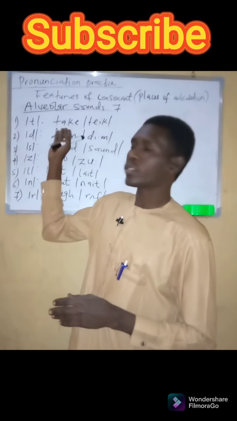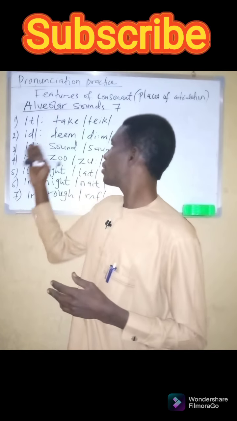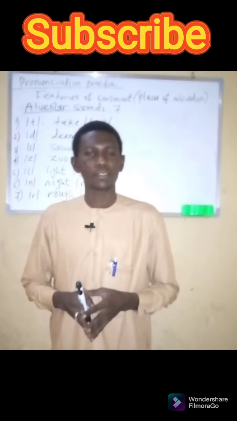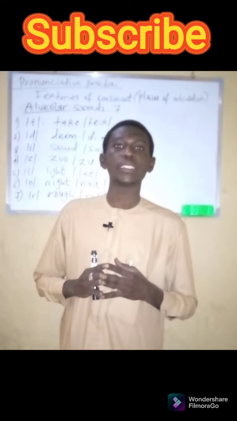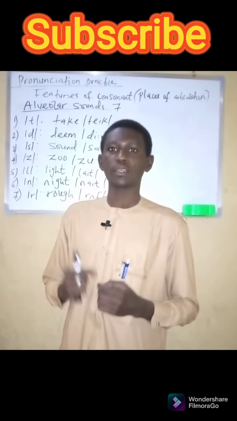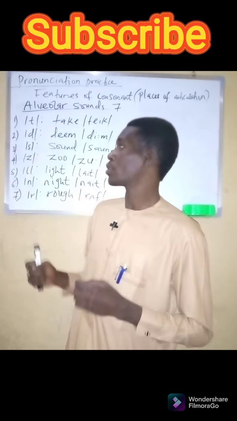In words like take. And we have the second one as the D sound. When you pronounce the sound D, you also realize that the tip of the tongue is in contact with the alveolar ridge in words like deem.